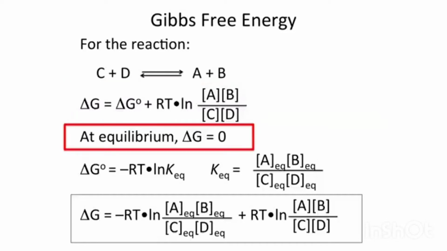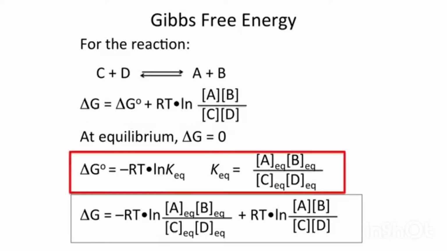But at equilibrium, delta G is equal to 0. The system can do no work at equilibrium. That means that delta G naught is equal to minus RT log K equilibrium, which is the product of the concentrations of the products at equilibrium over the product of the concentrations of the substrates at equilibrium.